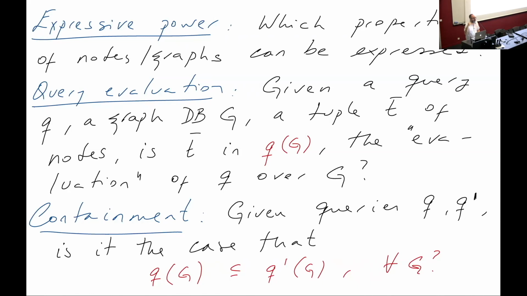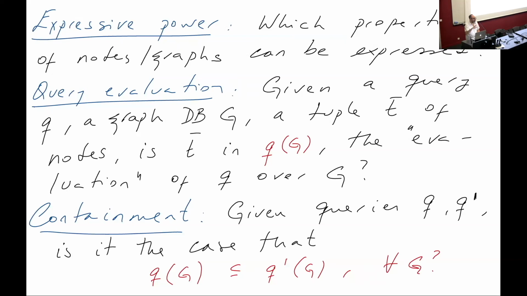What we are reasoning about is all graph databases, but the complexity will only be measured in terms of the queries. And queries are small, no? So when you talk about the complexity of containment, you can allow yourself high complexity, because the query is small. But for the problems that we will be considering about query evaluation, we have two aspects. We have the data and we have the query.